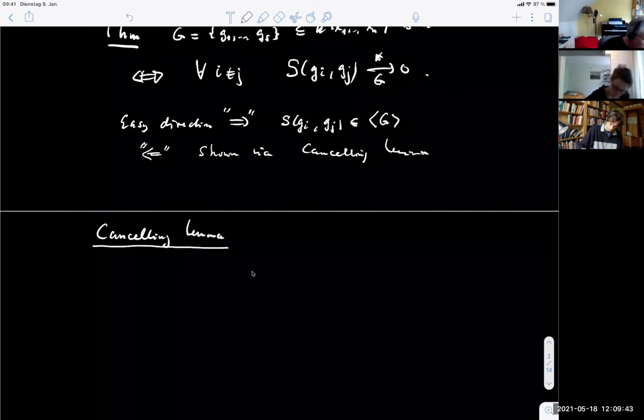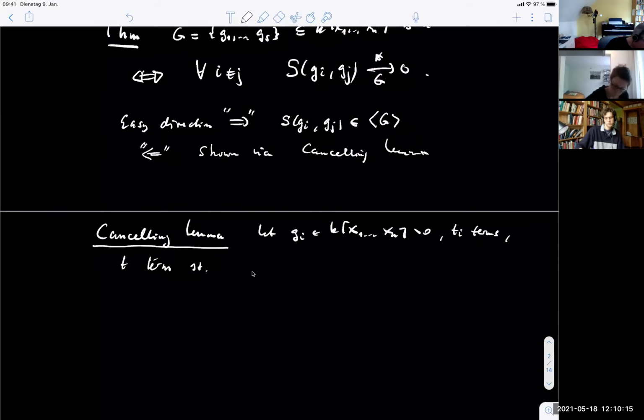I have a collection of non-zero polynomials G1 up to GS, and I have terms, and T is also a term, such that the leading terms of all these products T_i G_i are the same.